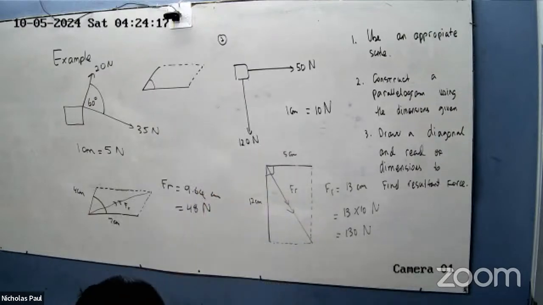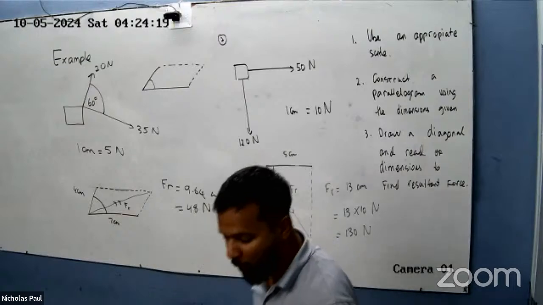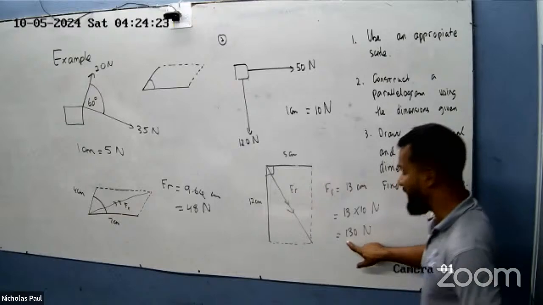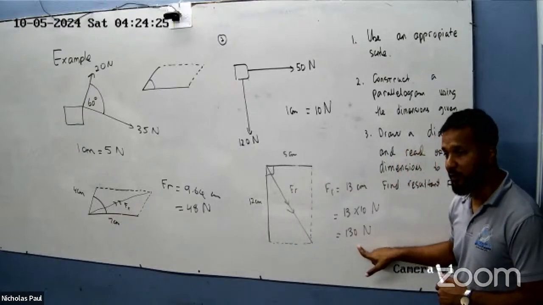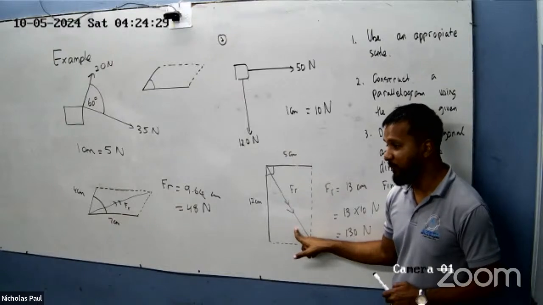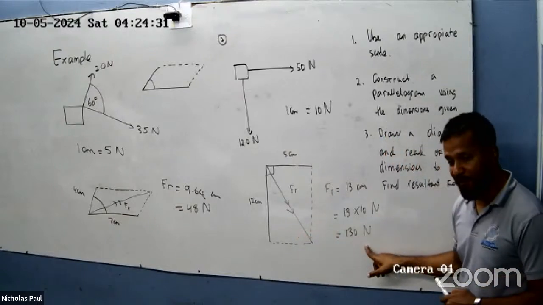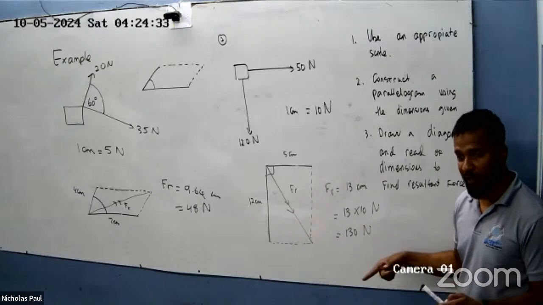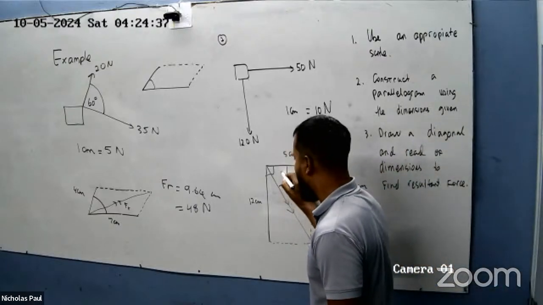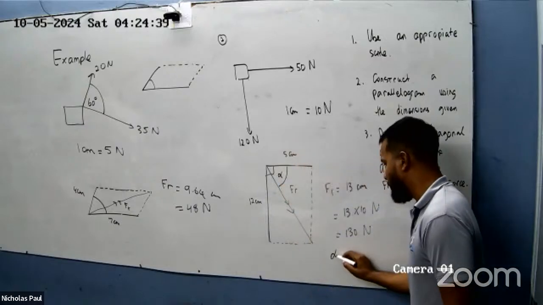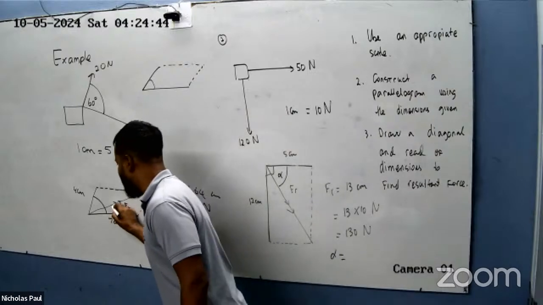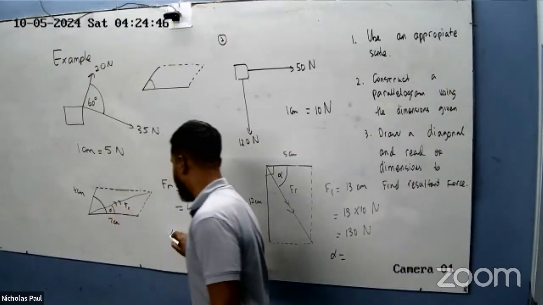There's just one thing I did not mention. Ideally, this is only the magnitude. But remember, forces are what? A vector quantity. So you can't give them magnitude alone. You have to also give them direction. So what you can do is take a protractor, measure this angle, and write it here.